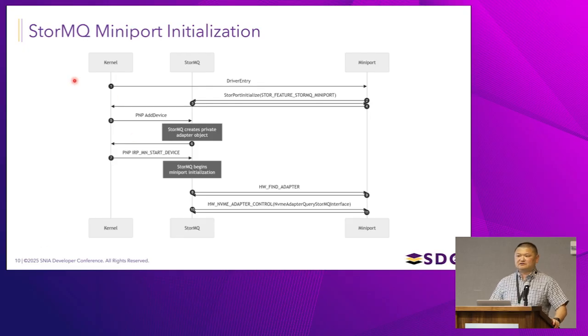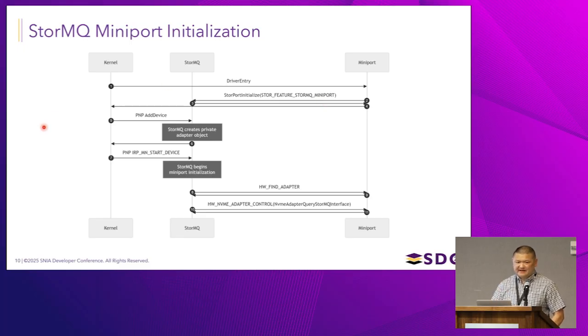Like all typical StorePort miniports, the first function that's called is DriverEntry. A StoreMQ miniport will also call StorPortInitialize, except in the new model it has to pass in an additional feature flag, which is the store feature StoreMQ miniport. This gives StorePort the ability to know it is interacting with a miniport that can support StoreMQ.